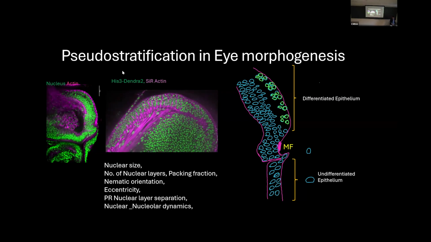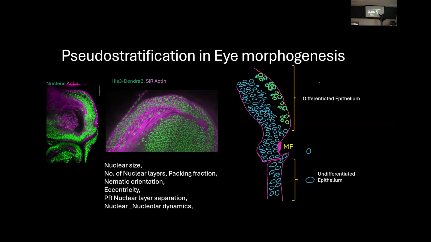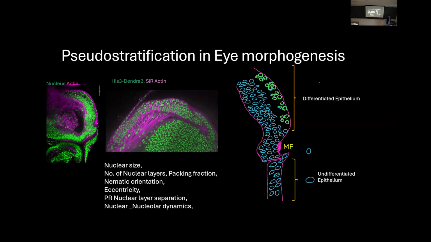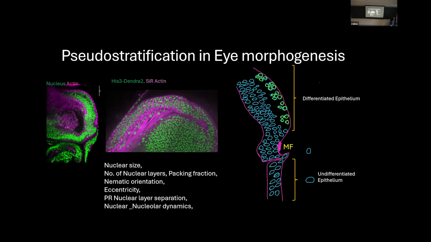We have an interesting Dendra2 line, so we can photoconvert from green to red and track individual nuclei. You can photoconvert one nucleus, track it through the furrow, see where it ends up, and characterize its mechanical and morphological environment as it goes through this change. So this is what we are trying to do with Drosophila eye morphogenesis.